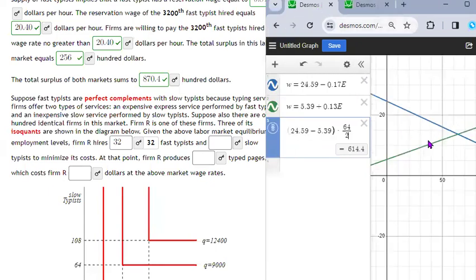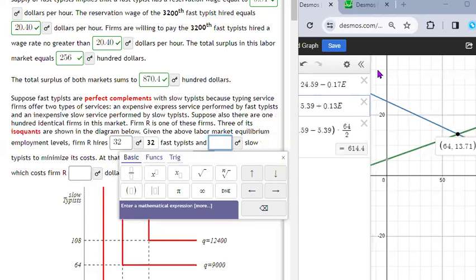And then remember, E is in hundreds, right? There are 100 identical firms. So the market equilibrium is actually 6,400. We're going to divide the 6,400 by 100 and we get 64, right?